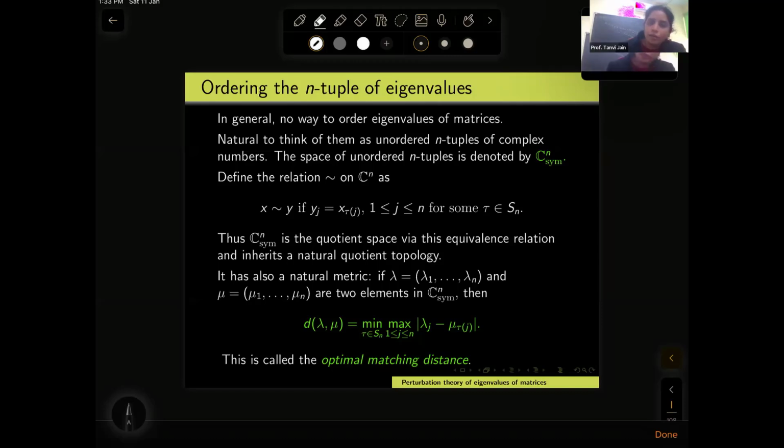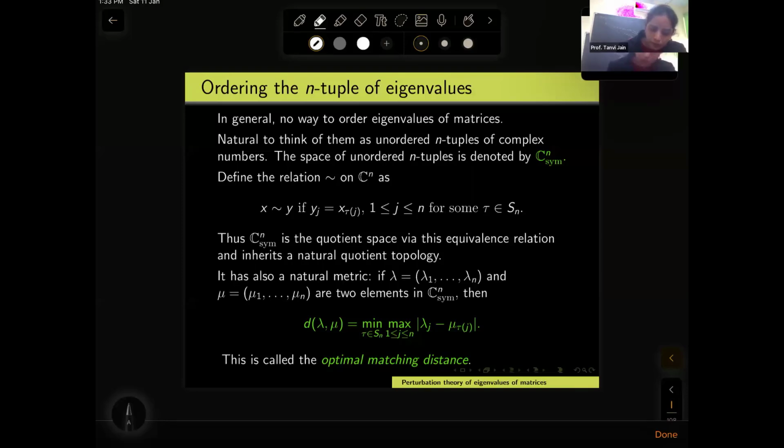Also, I can now define a metric on C^n_sim, which I denote by D. It will play an important role in this lecture and in the coming lectures. We call this the optimal matching distance.